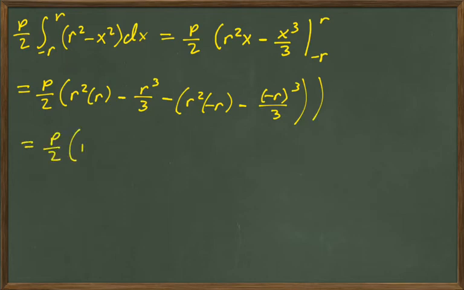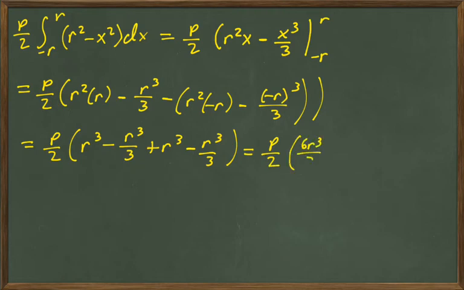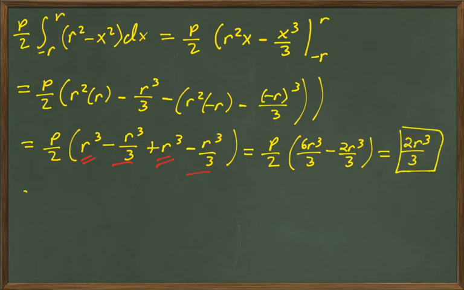So rho over 2, r cubed minus r cubed over 3, plus r cubed minus r cubed over 3, which gives us rho over 2 times 6r cubed over 3 minus 2r cubed over 3. So we have the 2 minuses and the 2 pluses, which is going to be 2r cubed over 3.